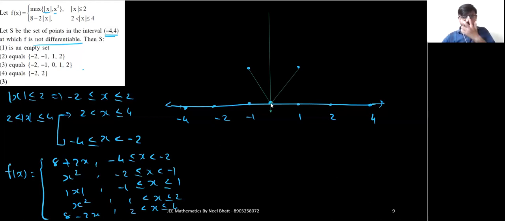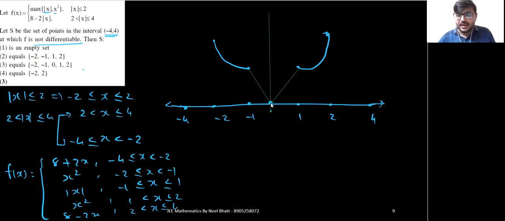So this is the graph between -1 to 1, the graph of modulus. Then from -2 to -1 and 1 to 2, the graph is like x square. So at -2, x square has answer 4. So it will be something like this. And at 2 also, the answer is 4. It will be something like this.